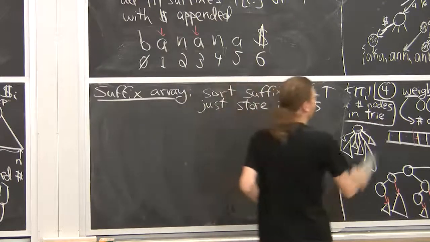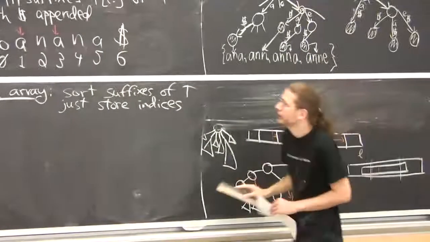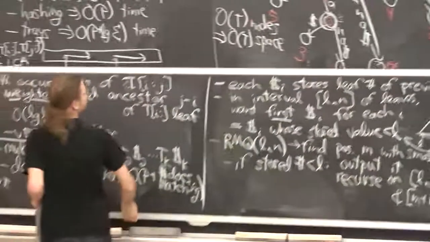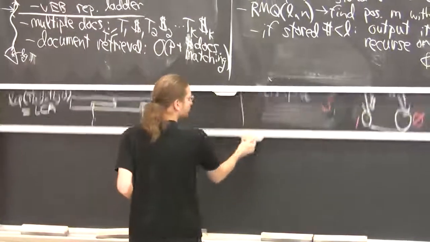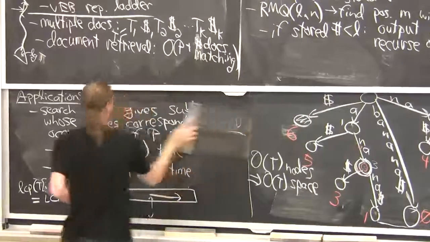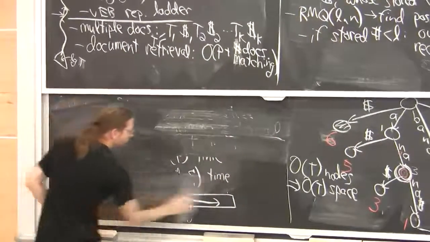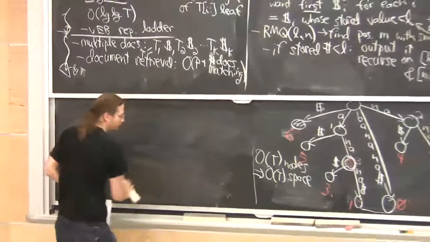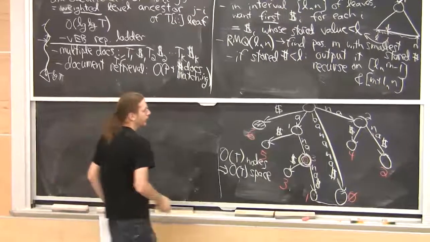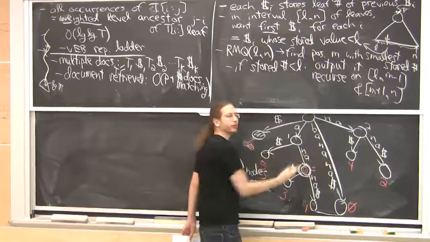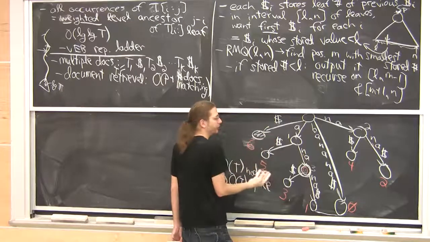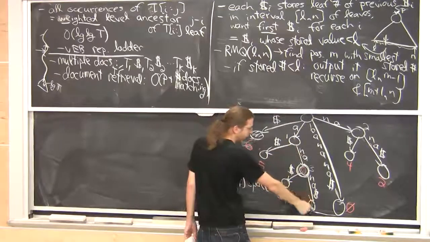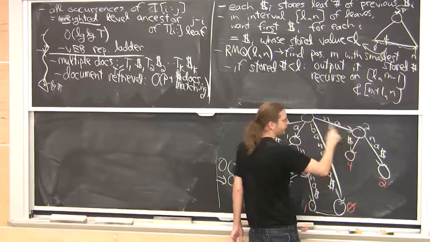Okay, let's do this for banana. Banana. Actually, they're already here in sorted order, if I'm supposing $ sign sorts first. First suffix is $, then A$, then ANA$, then ANA$, then banana, then NA$, then NA$.